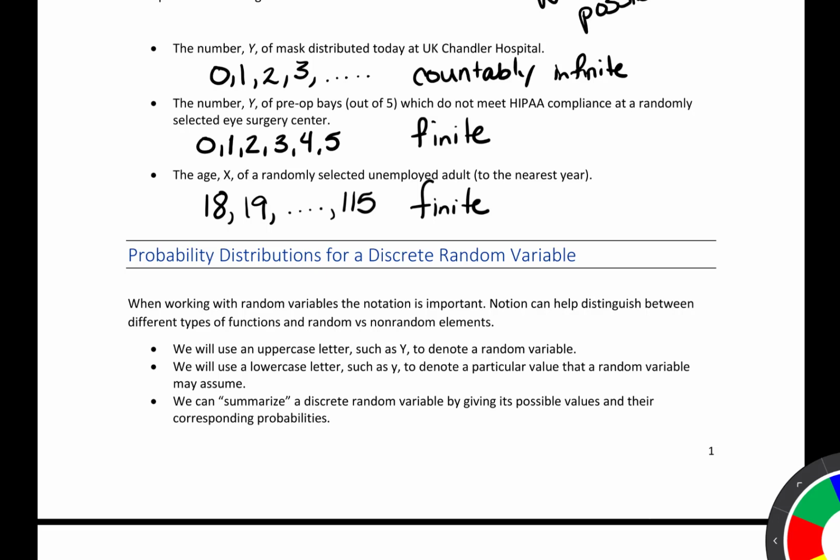We're going to use lowercase letters such as little y to denote a particular value that a random variable may assume. Generally, whatever the capital letter is, we use the lowercase version of that as a placeholder for different potential values.